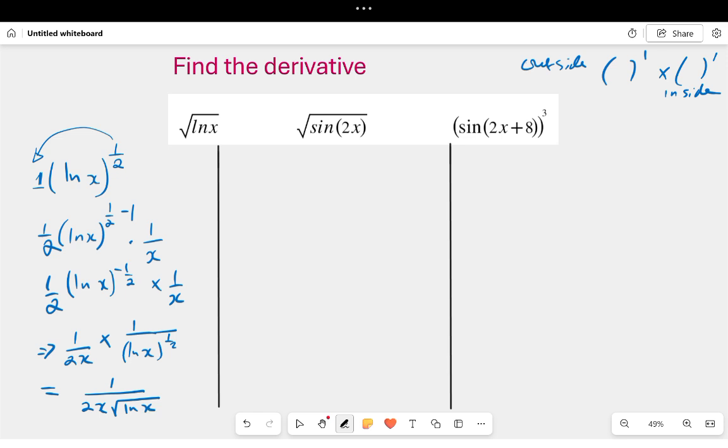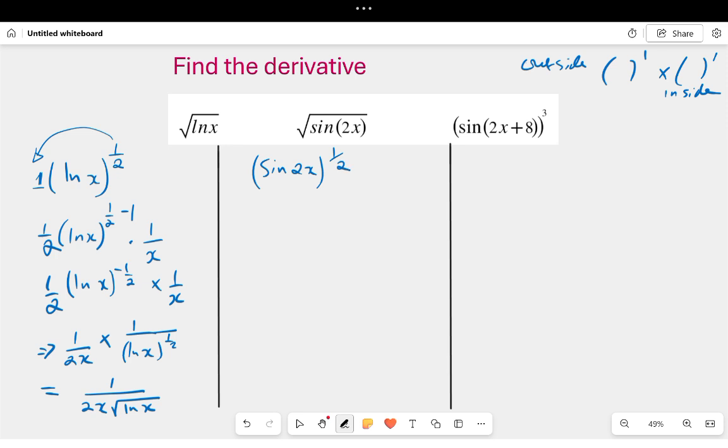All right, now the next one is also the same principle. The derivative of what is outside the bracket multiplied by the derivative of what is inside. Now in this case, we have sine 2x raised to the power a half, because the square root is just the same as a half.